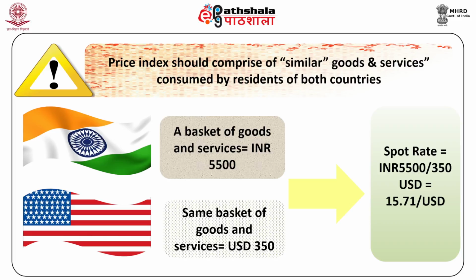On a given date, suppose a basket of goods and services costs 5,000 rupees and a similar basket of goods and services costs $300. The spot exchange rate on that date should be: spot rate is equal to 5,500 rupees divided by $350, which is equal to 15.71 per USD.